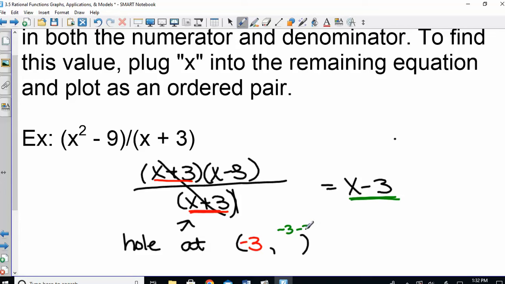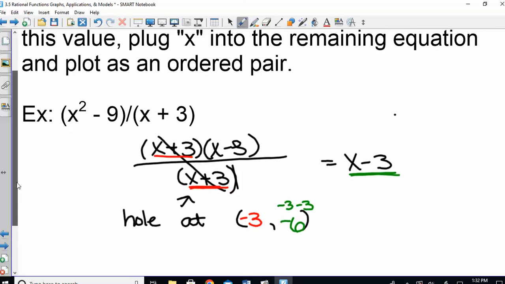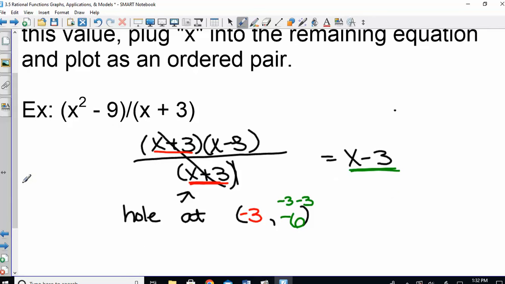So negative 3 minus 3 is negative 6. So on this graph, I would have an open circle at negative 3, negative 6. We will look at some cases where this happens. Does everybody see why we have a hole in this graph and how I got that ordered pair?